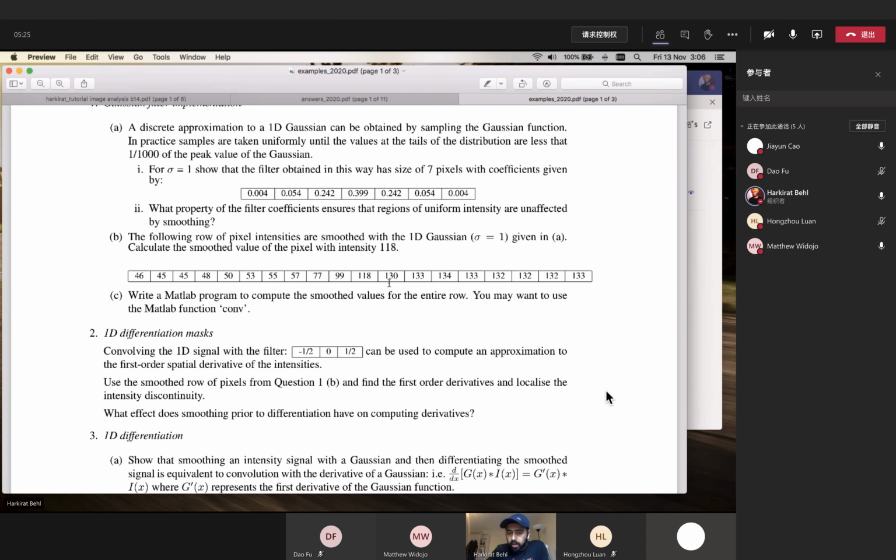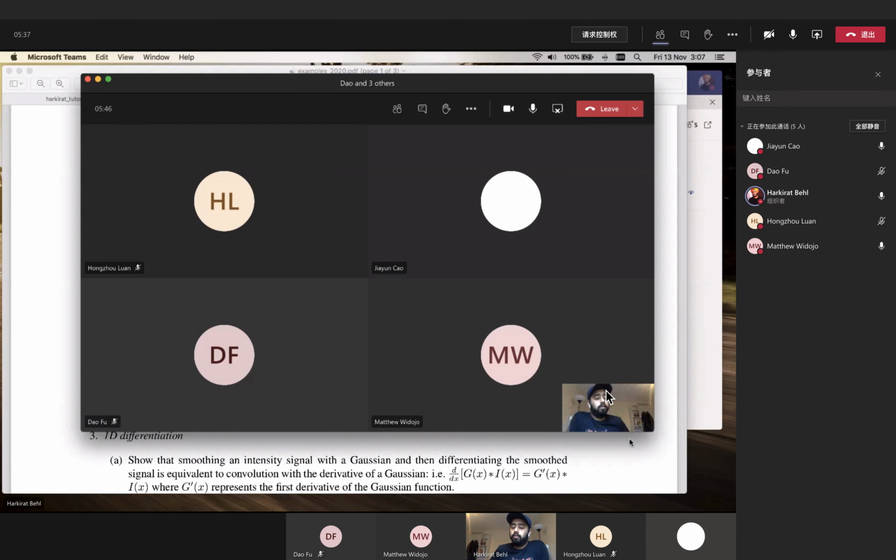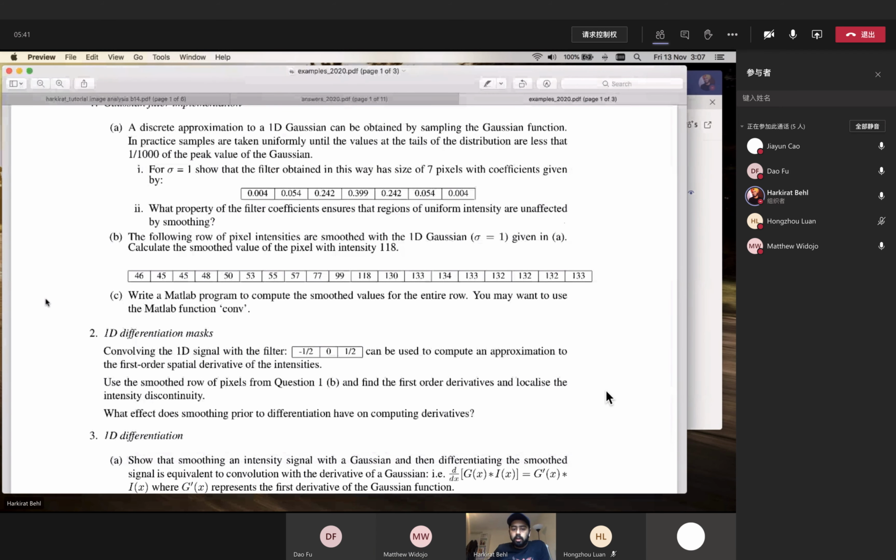It will start from here till here, and you just have to multiply this with this, this with this, and so on, and sum all the values. The final value comes out to be 114.67, I think.